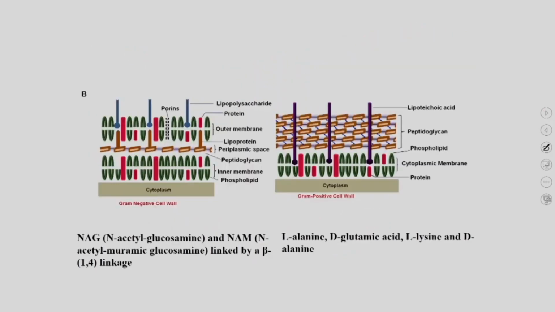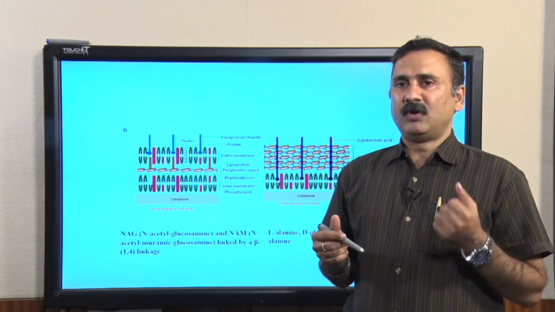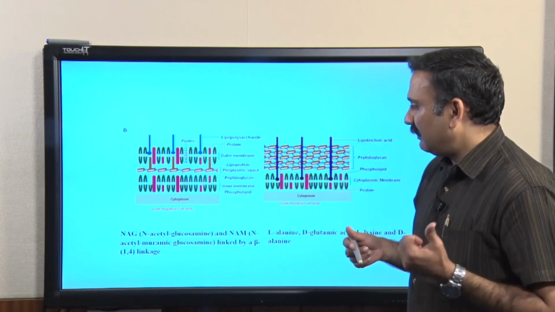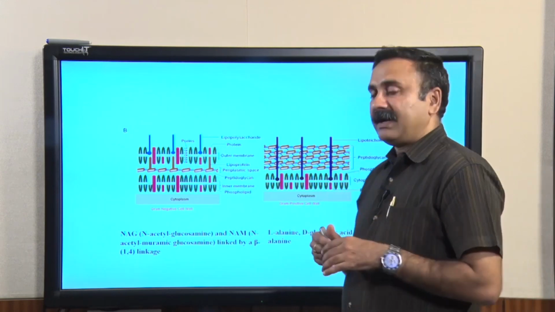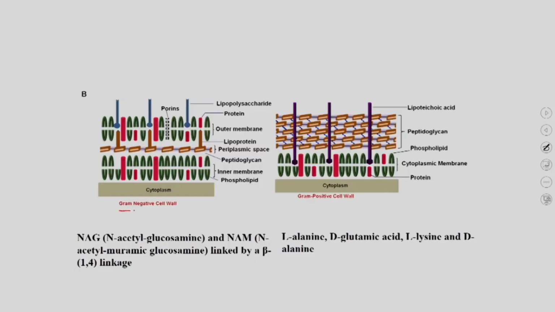Apart from this, they also have a very complex cell wall. These cell walls are made up of different biomolecules, and based on these cell walls, the bacteria are divided into two groups. One is called gram negative bacteria and the other one is called gram positive bacteria. So, in the gram positive bacteria, what you have is a thick layer of peptidoglycan.